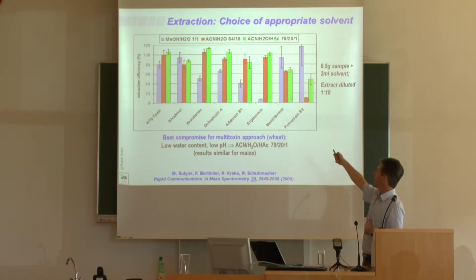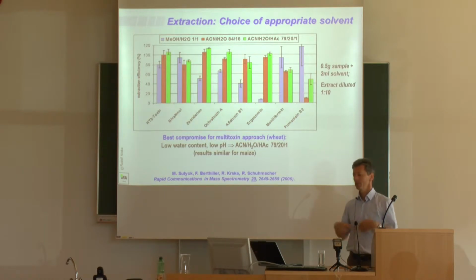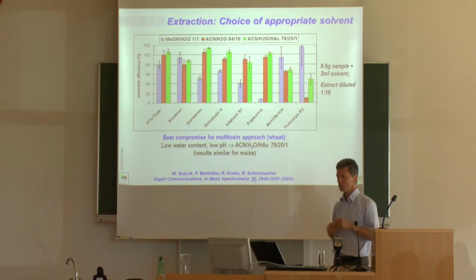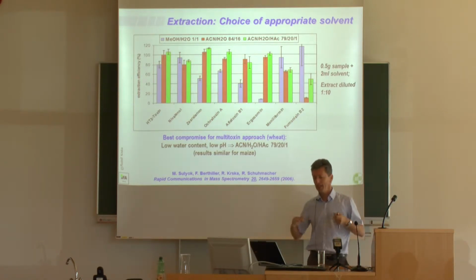By adding acetic acid to acetonitrile water, we could, in green, still achieve reasonable recovery. For fumonisin B2 it is still not a fantastic recovery, but it's getting there.